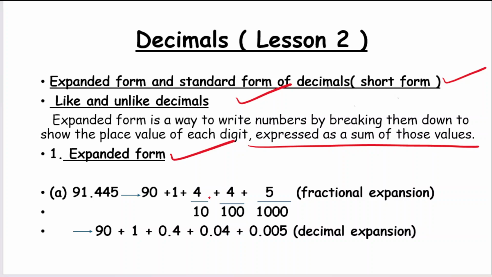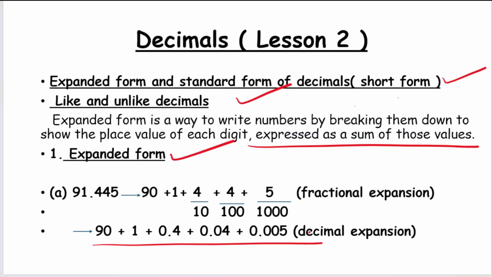That means writing the decimal part or the fractional part in the form of fractions or in decimals. Similarly, let us look at the decimal expansion. 90 plus 1 plus 0.4 plus 0.04 plus 0.005, which is the decimal expansion. Expanded form means we are writing in bigger form.